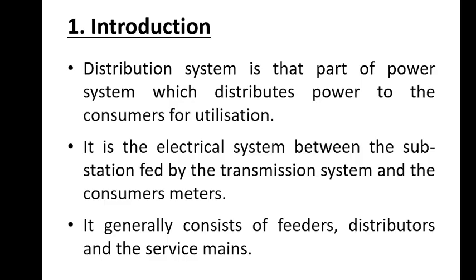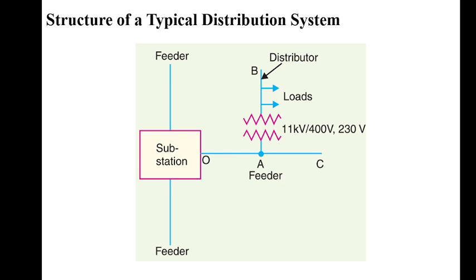A typical distribution system generally consists of three main components: feeders, which carry power from the substation; distributors, which deliver power to different areas or loads; and finally service mains, which provide the final connection to individual customers. Understanding the structure and operation of distribution systems is essential for ensuring reliable and efficient power delivery.